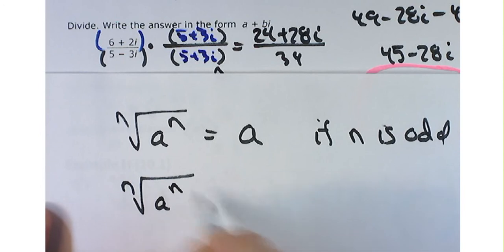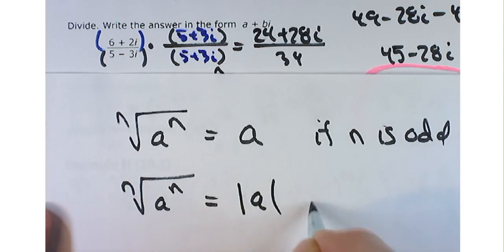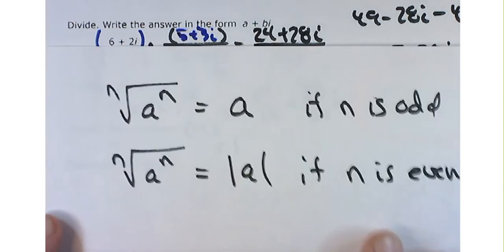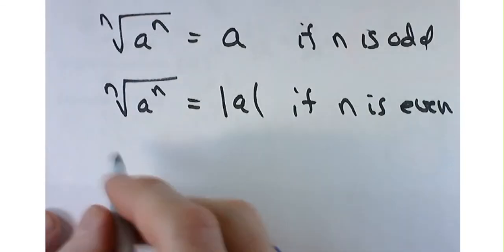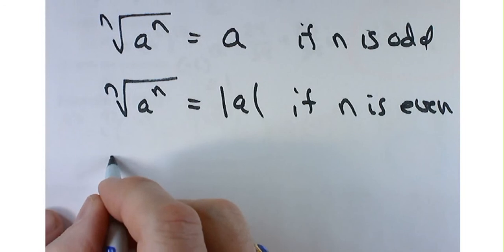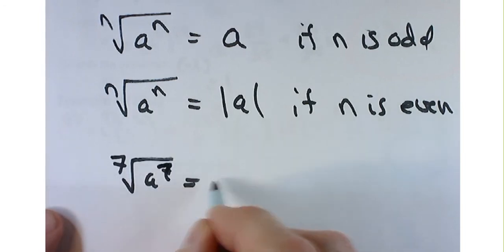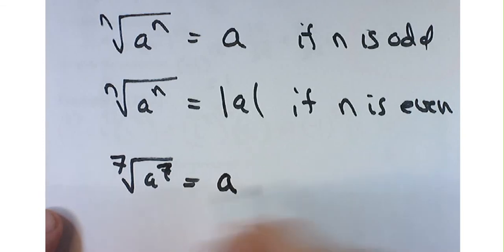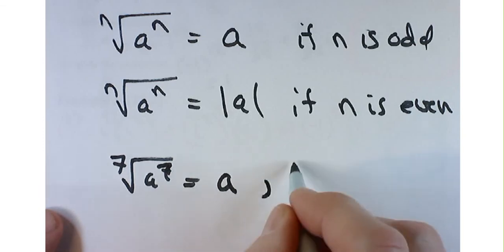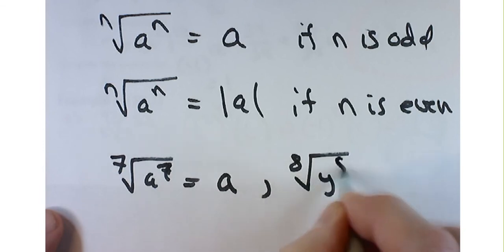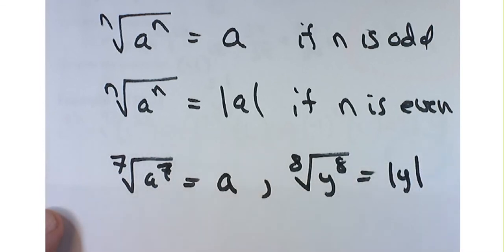And you get the absolute value of a if n is even. So as a quick example, if I had the 7th root of a to the 7th power, then it'd just be a. If I had the 8th root of a to the 8th power, then you get the absolute value of a. So that's the quick summary of this.